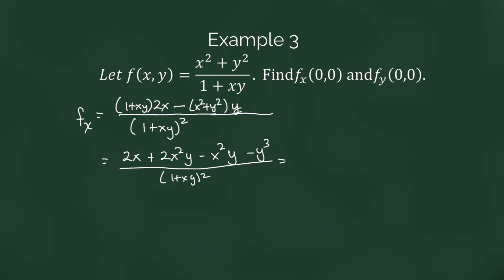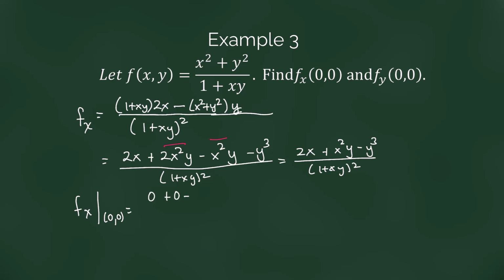And we can combine the two terms that have the x squared y's in them to get a final answer of 2x plus x squared y minus y cubed all over 1 plus xy squared. Now we're going to plug in 0. That is going to be 0 plus 0 minus 0 all over 1 plus 0 squared, which is, of course, 0.